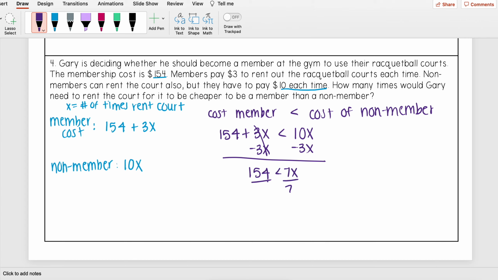And then divide by 7. And I get 22 is less than x. So Gary would need to rent out the racquetball court more than 22 times in order for it to be worth it for him to be a member.